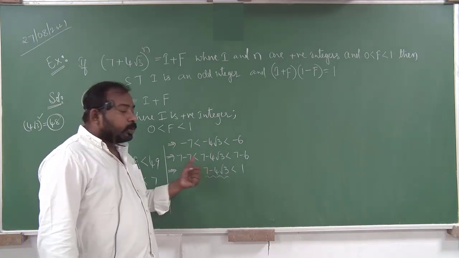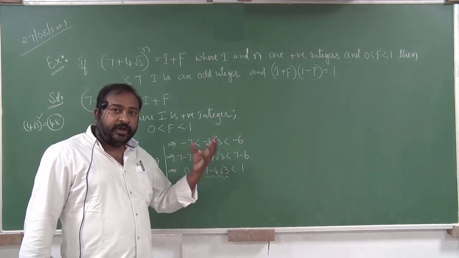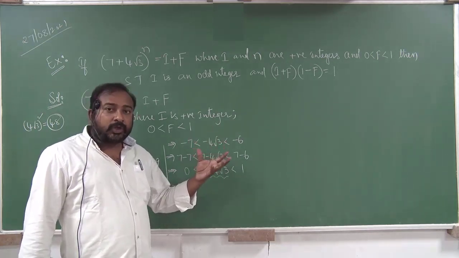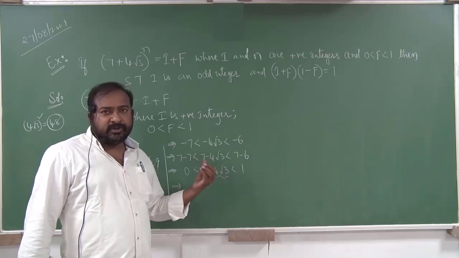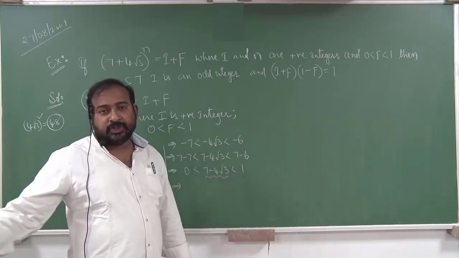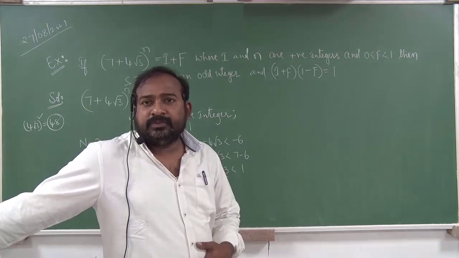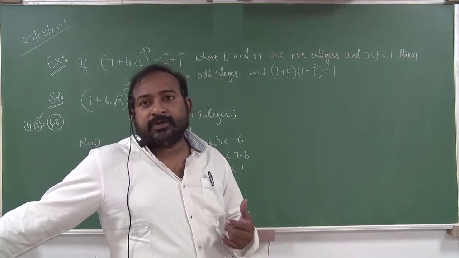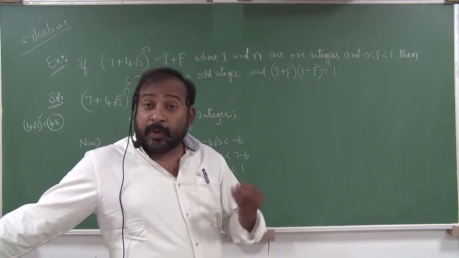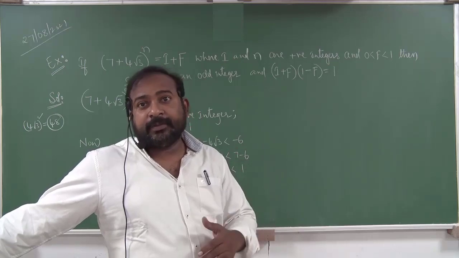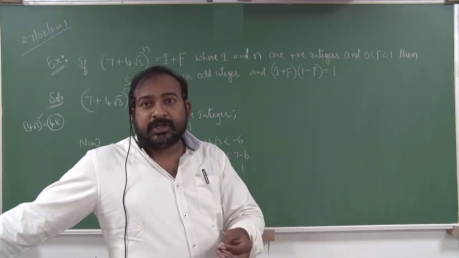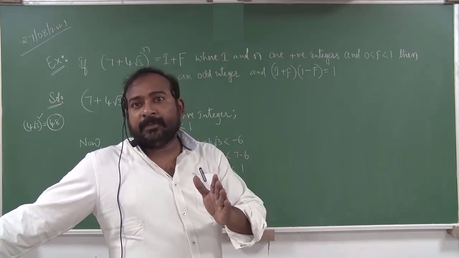So if you take any value between 0 to 1 and increase the power, automatically the value also lies between 0 to 1 only. For example, you can take 0.2. What is 0.2 whole square value? 0.04. 0.2 whole cube value is 0.008, which means the value reduces and always lies between 0 to 1 only.